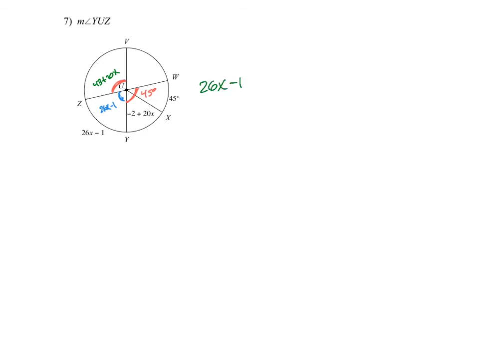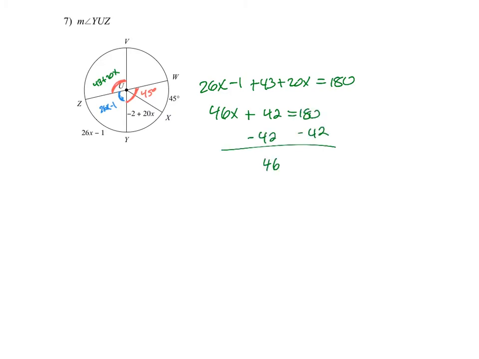26x minus 1 plus 43 plus 20x equals 180. I have 46x plus 42 equals 180. So minus 42, 46x equals 138.